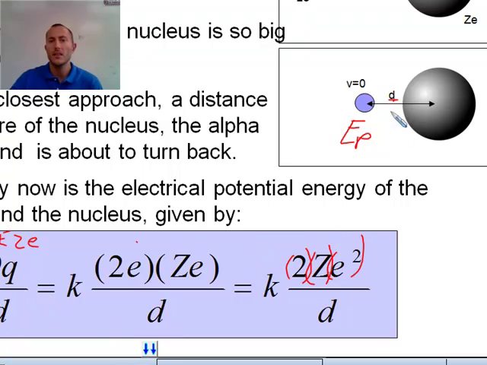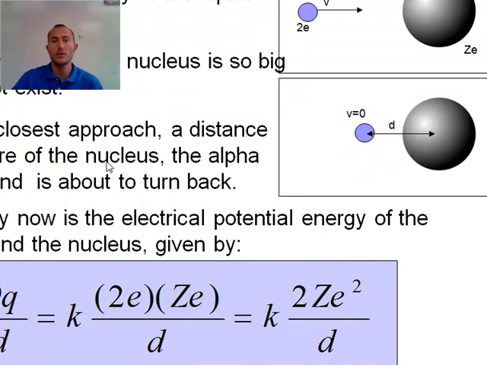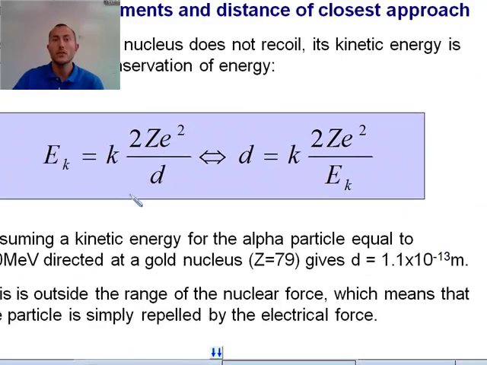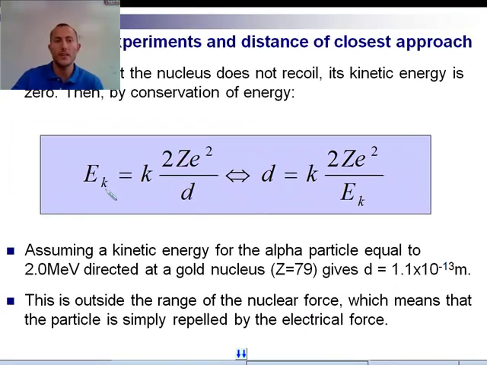That gives us the potential energy that's stored between the two, which, remember, is also equal to the initial kinetic energy of the alpha particle. So we use that idea of conservation of energy, and we can say that EK is equal to k times 2 times Z times e squared divided by d.